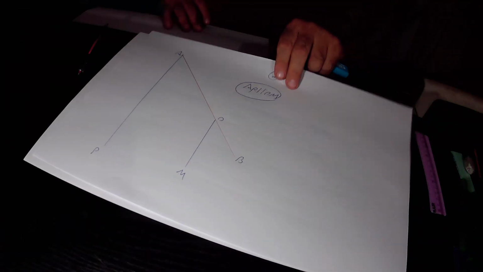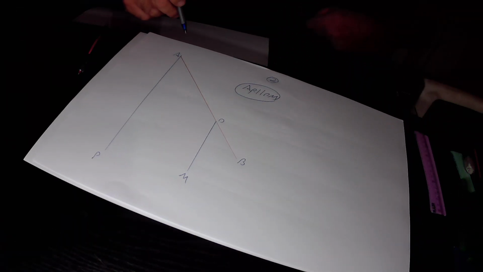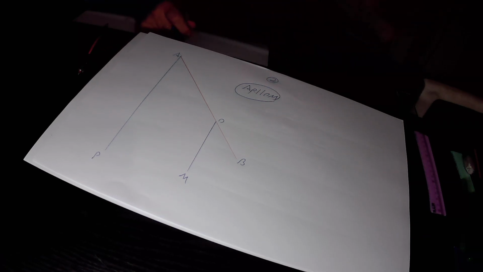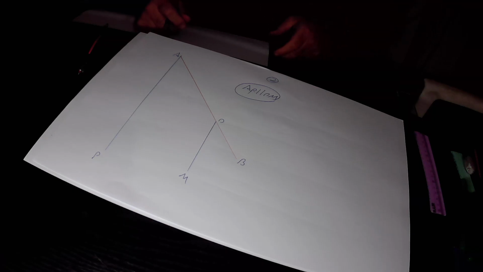So actually, those are the two parallel lines AP and OM. This is the diameter AOB from the original drawing.